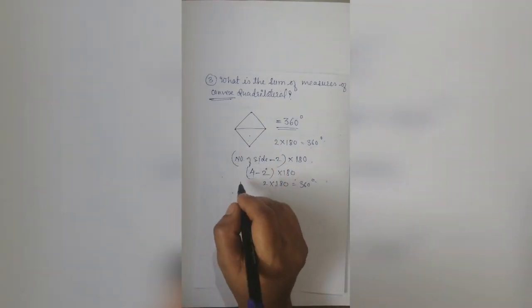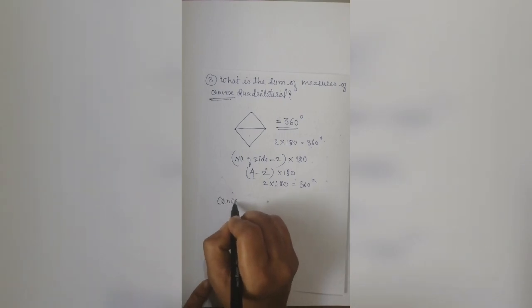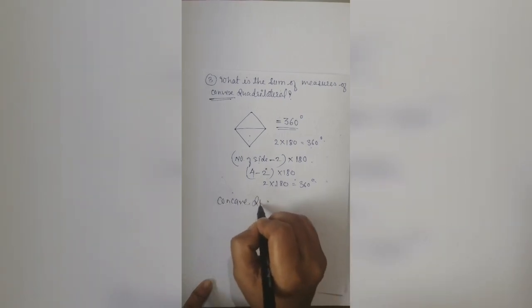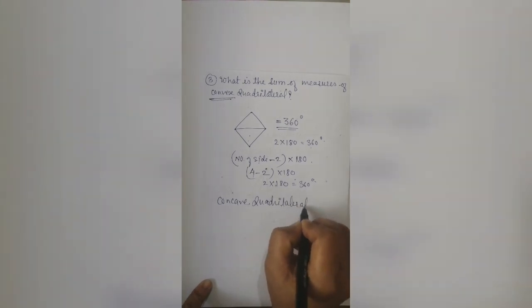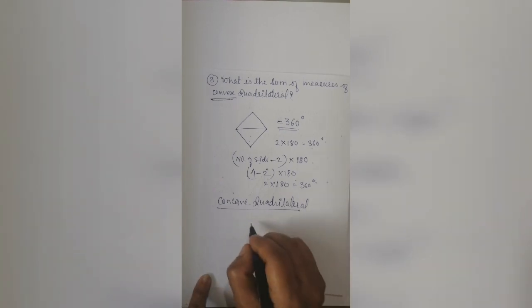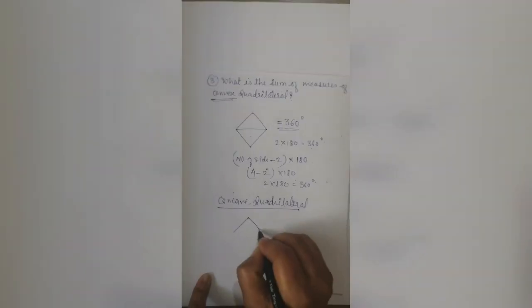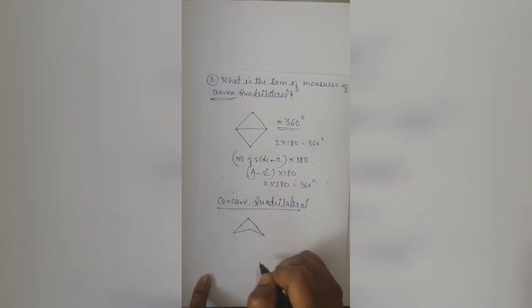But can this rule be applied to the concave quadrilateral? Here we are going to discuss the concave quadrilateral. Suppose we have drawn this, 1, 2, 3, 4. This is called a concave quadrilateral.